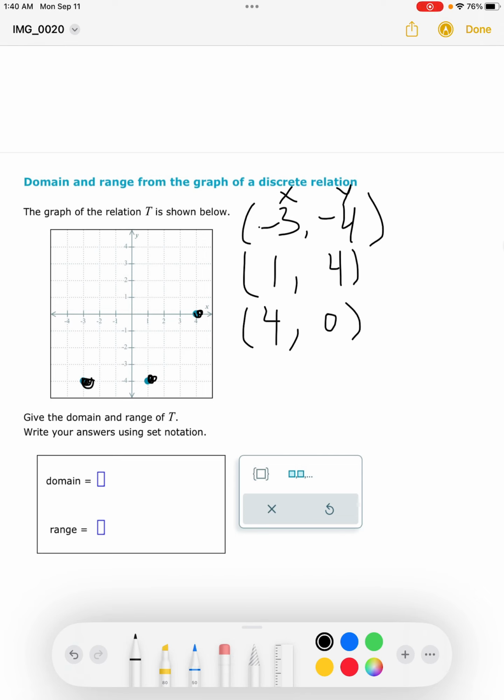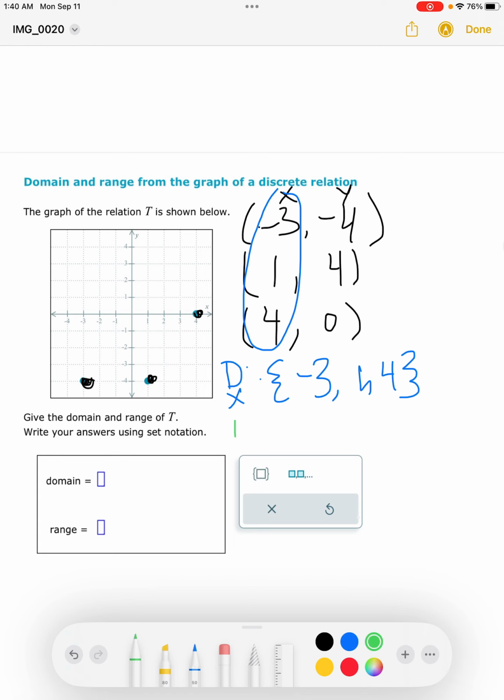Now that I have my coordinate points, it should be pretty similar to what we just did, right? Having to write our domain and range. So I say, well, domain is x values. I have to draw my fancy bracket, and I just go through and say, what are my x values? It's these numbers right here. -3, 1, and 4. And I make fancy bracket.